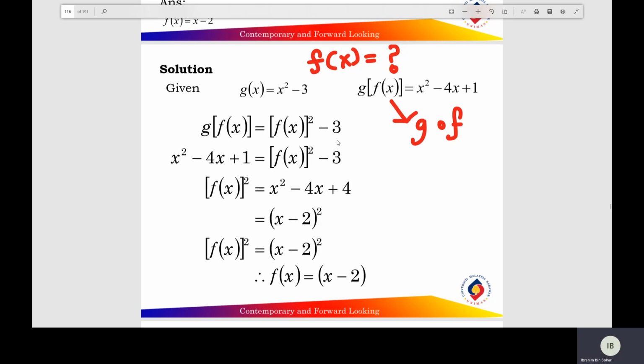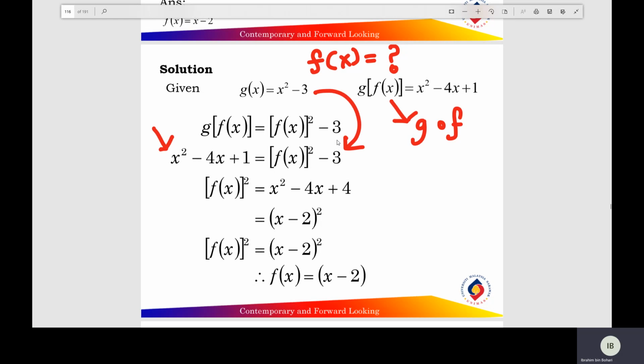Given the composite function g of f equals x squared minus 4x plus 1, the left-hand side is the composite function, which equals f of x squared minus 3. You check this function.